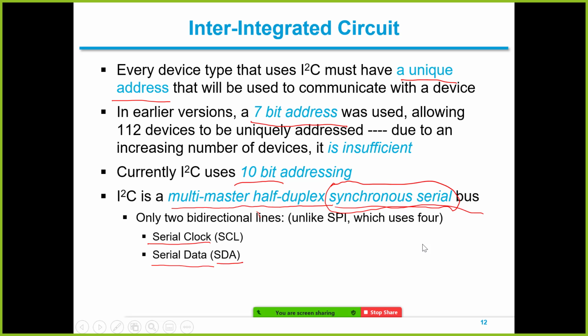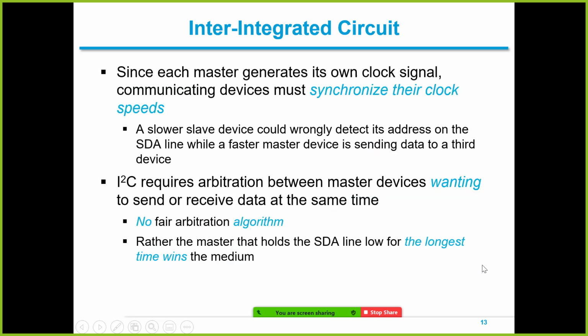It's a synchronous serial communication interface. And since each master generates its own clock signal, communicating devices must synchronize their clock speeds. So it's the same as SPI. For any kind of synchronous communication protocol, they should have the same clock signal.